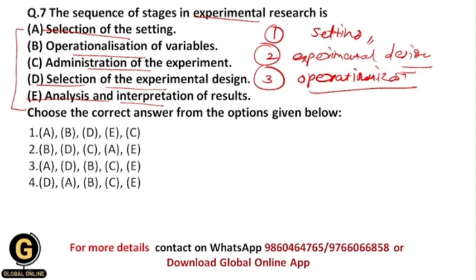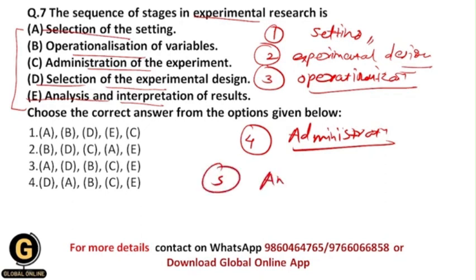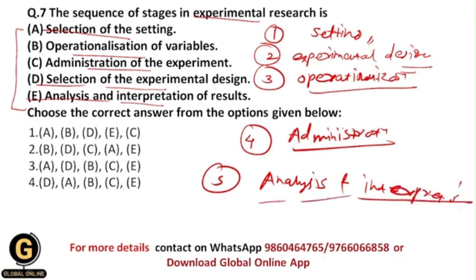The fourth one is administration of the experiment, which is nothing but doing the whole experiment. And the fifth one is analysis and interpretation of results. This should be your last stage. You analyze the data you have got, and after that you interpret that data and finally conclude your research.